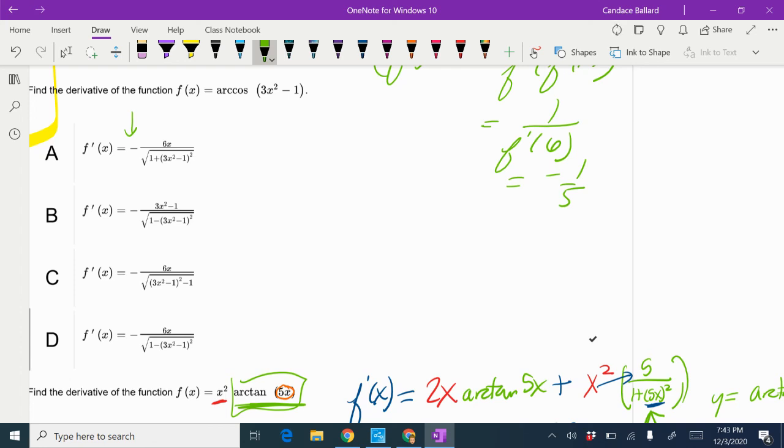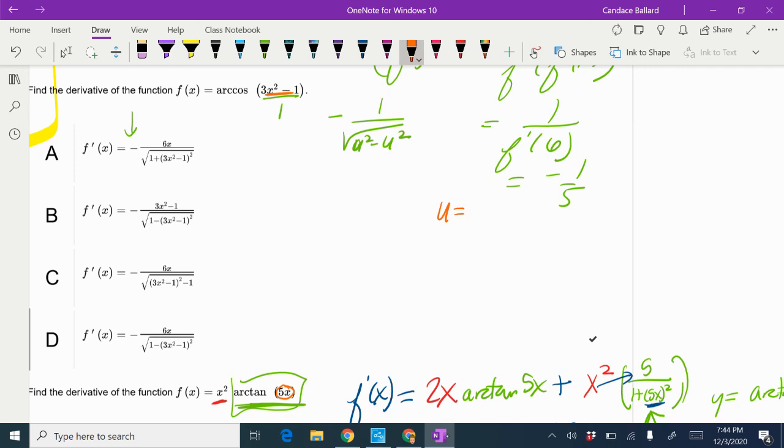And this is very similar to the sine. So the generic formula is -1 over the square root of a squared minus u squared. So remember, your a is your denominator and your u is your numerator. But I do have a chain rule going on here, so it's a little bit different.